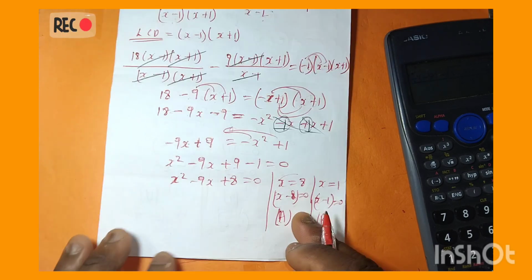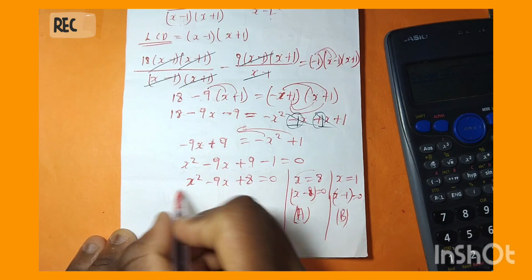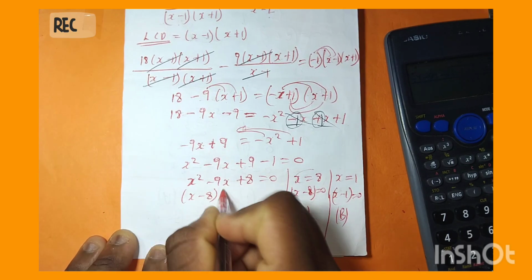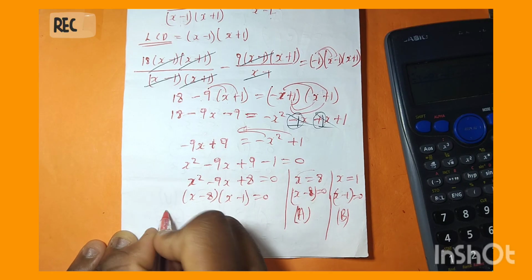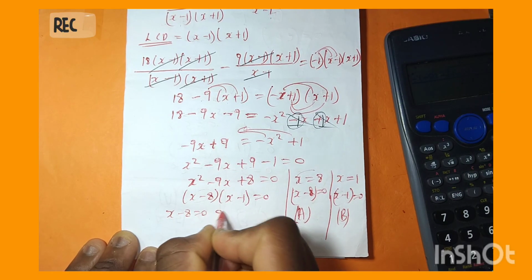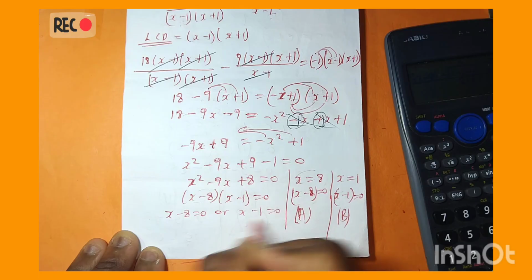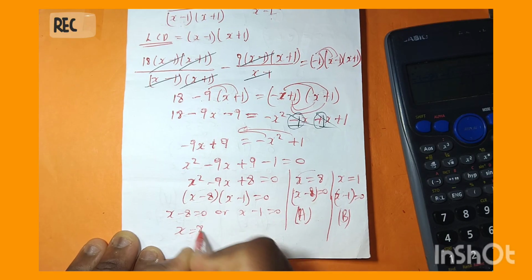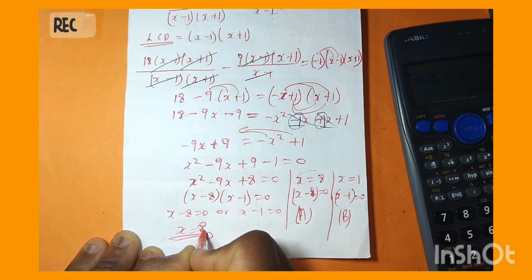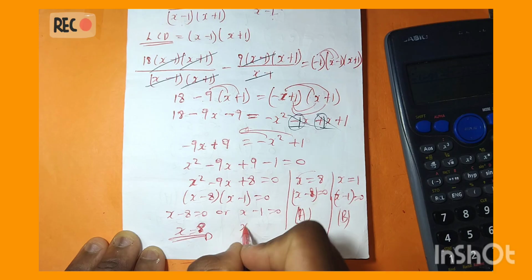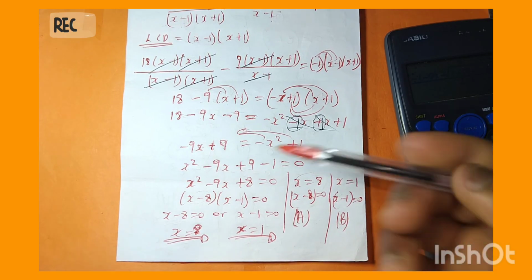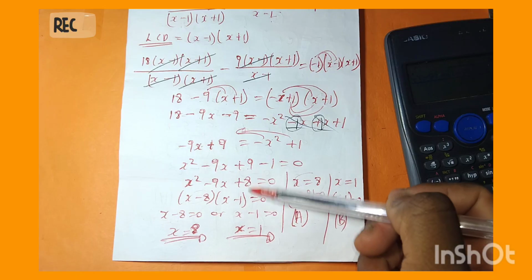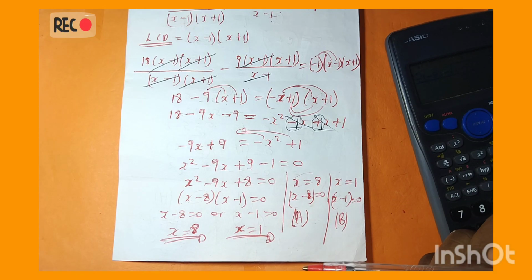Do you see? So those brackets, I'll come and form them here, which is what is happening. I'll equate each bracket there to 0, and then now I solve, which is now my first answer, it's 8. My second answer is supposed to be 1. Do you see? Then for a learner who knows how to factorize, you can factorize this thing.